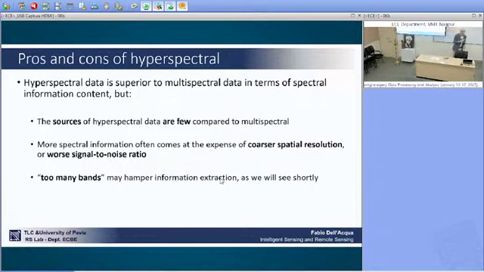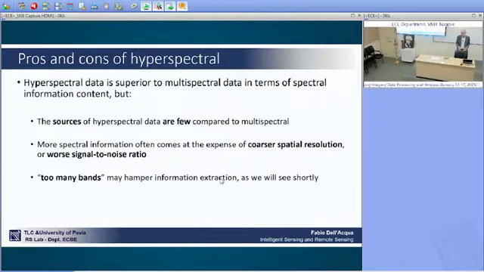On the one side, you have much richer information, but on the other side, you also have disadvantages because it's technically difficult to do, implying that there are few sources. So there exist a few hyperspectral missions.